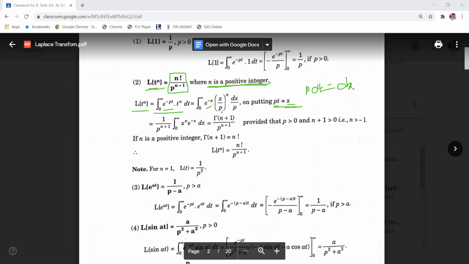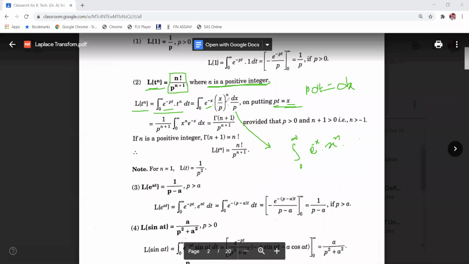So now see this part: the integral from 0 to infinity of e to the power minus x into x to the power n.